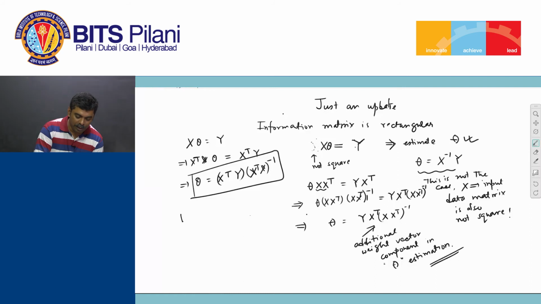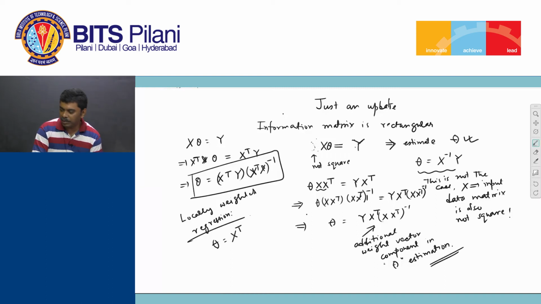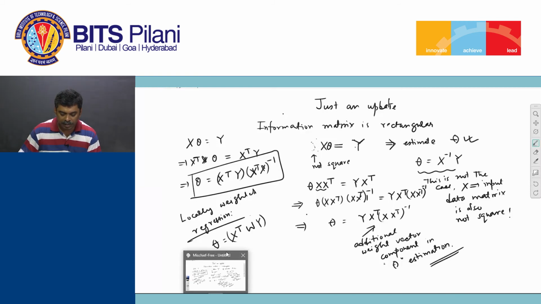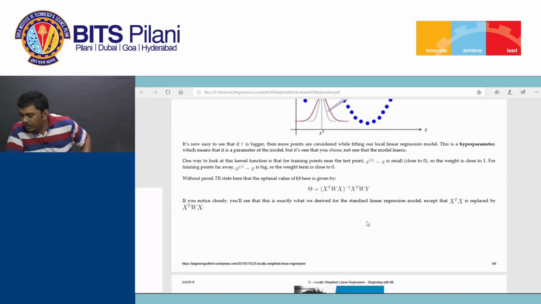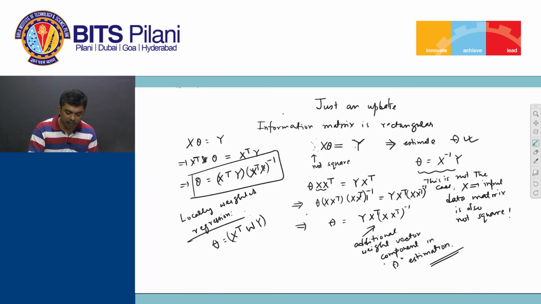So what you do in a locally weighted regression is the following. Your theta is x transpose w x inverse times x transpose w y. It's very simple: you just add this weight component, that's all.